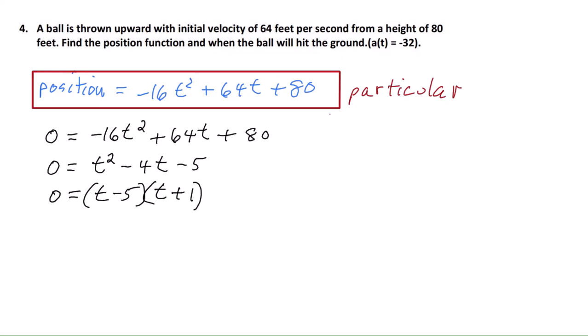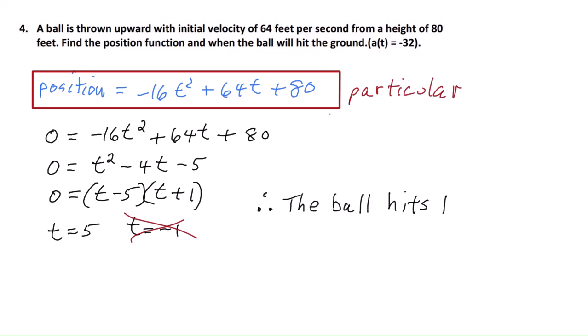And I get these two factors. I set them each to 0, and one of my solutions is 5, and one of them is -1. Well, now, since this is a real-world problem, t being -1 doesn't make any sense. That's even before I threw the ball. Interesting concept, but not for this problem. So I'm going to cancel that one out. And so I've got my answer there. The ball's going to hit the ground after 5 seconds.